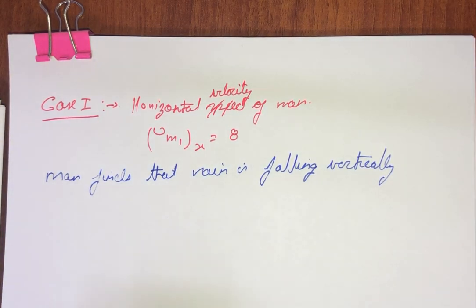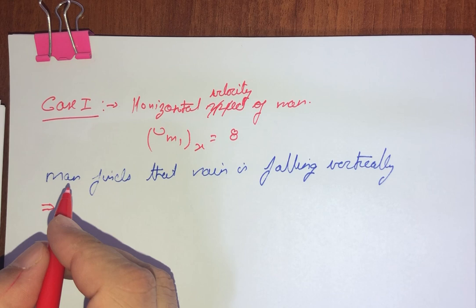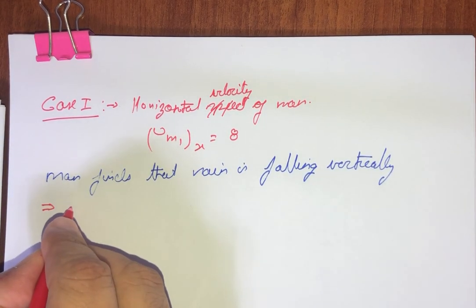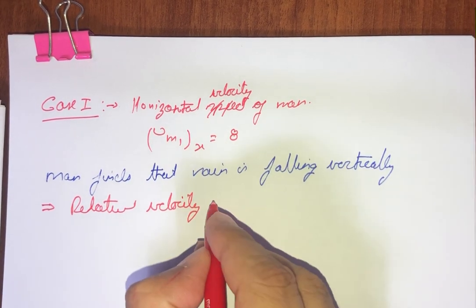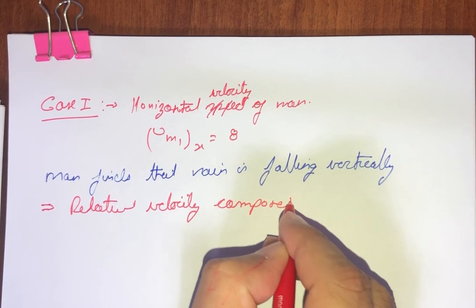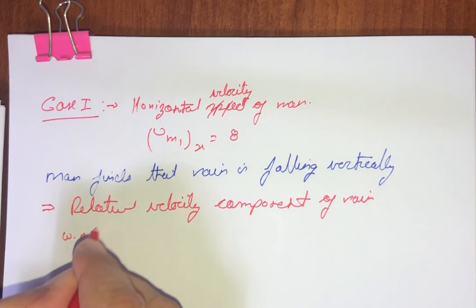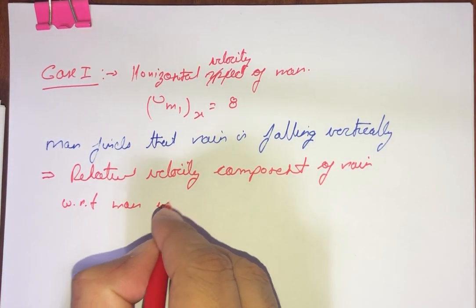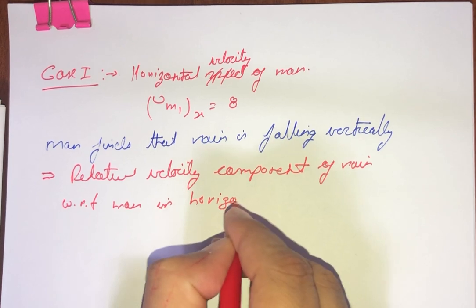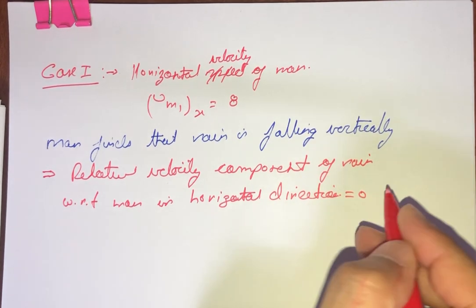So it's falling vertically, then we can say that the relative velocity component of rain with respect to man in the horizontal direction will be equal to 0.